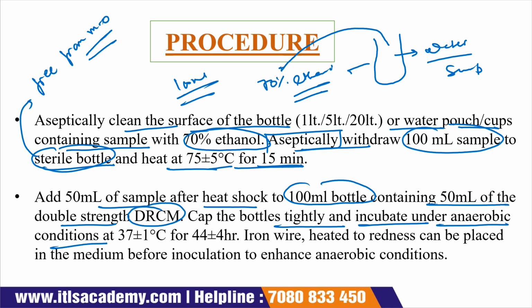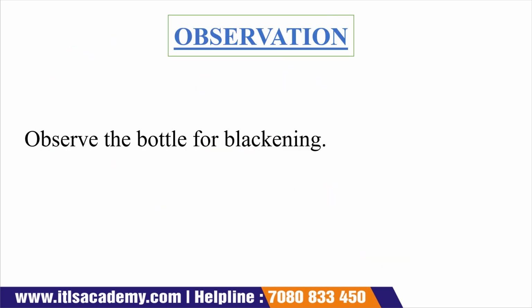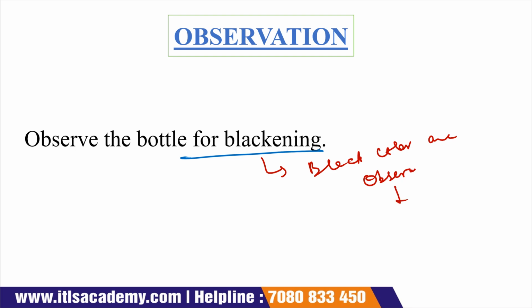Put it inside the incubator at 37 degrees Celsius for 44 hours. An iron wire heated to redness can be placed in the medium before inoculation so that it will enhance the anaerobic condition. Observe the water for blackening. So this is the end point: when a black color is observed, it means that the Clostridia are present.